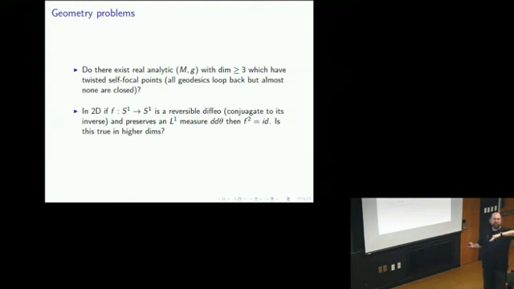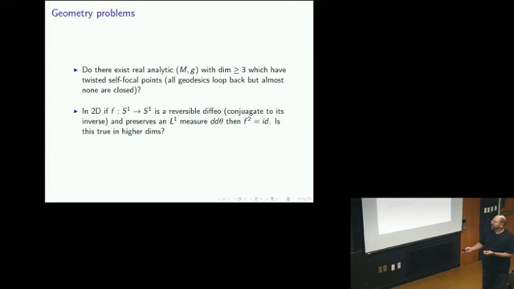There's an angle in general between the initial and terminal directions. That does not work for higher dimensional ellipsoids. So I don't know a single example of a Riemannian manifold of dimension 3 or higher which has that property. And that would be a big help to us if we could prove they did not exist, because this kind of behavior is an enemy for our theorems.